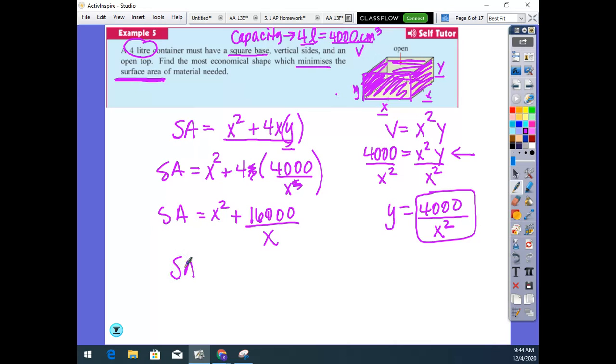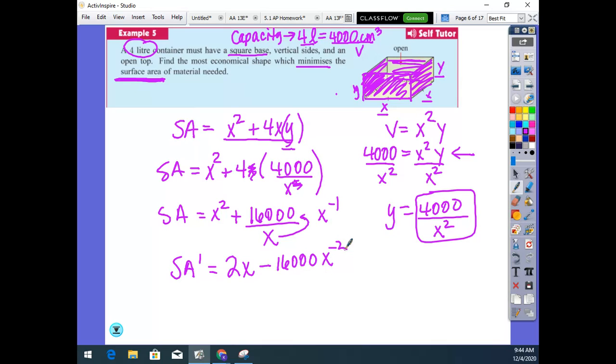Then I'm going to take the derivative. So then I have 2x. Remember, let's think of this as 16,000 x to the negative 1. So when I take the derivative, I bring my power down, negative 16,000 x to the negative 2.